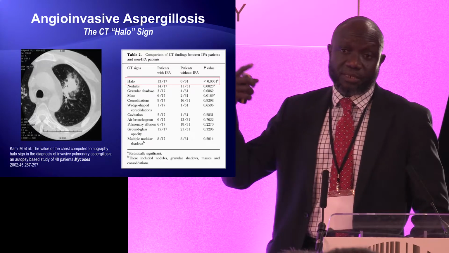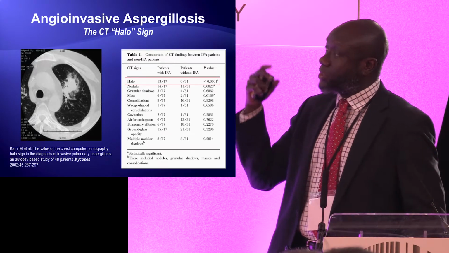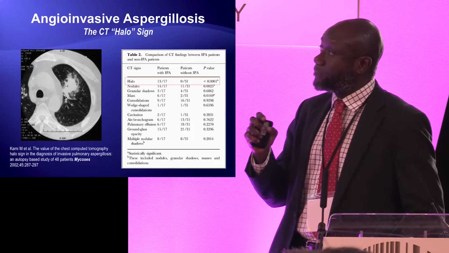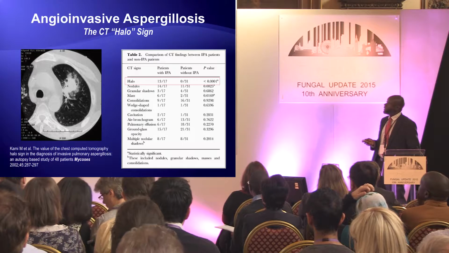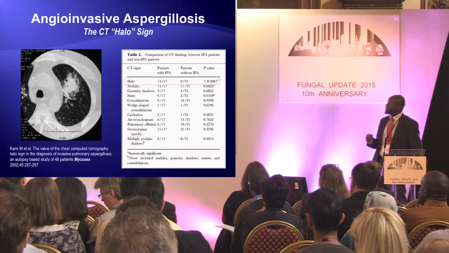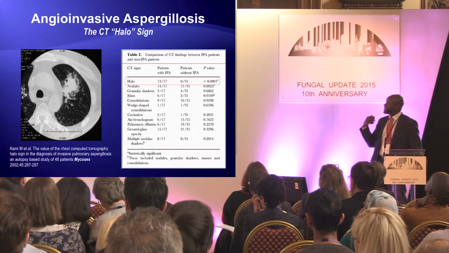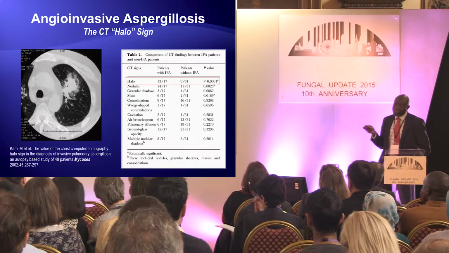Because it's a multi-detector method, the chances are that you are not going to be missing out on areas of the lung that may not have been scanned if you were using the classic HRCT method.